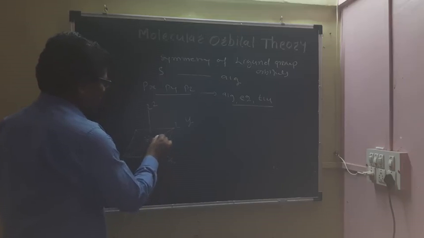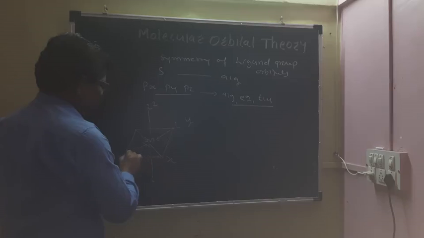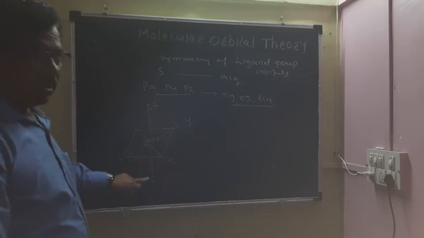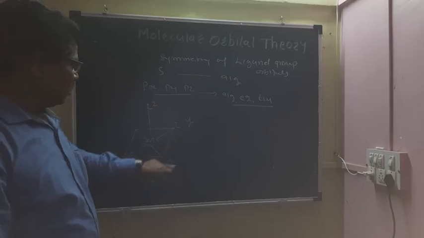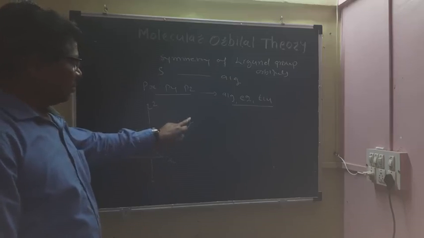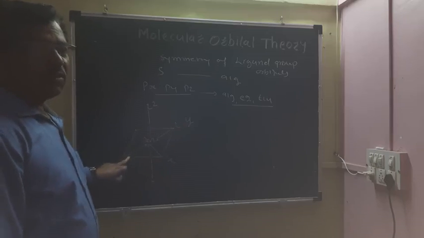These are the two ligands along the z axis, two along the x axis, and two along the y axis.